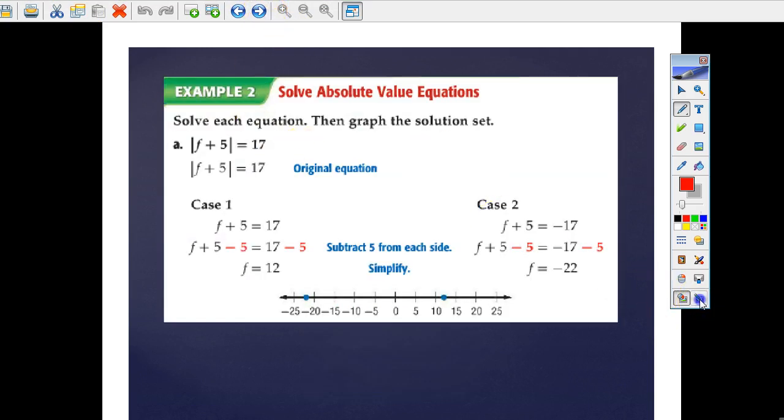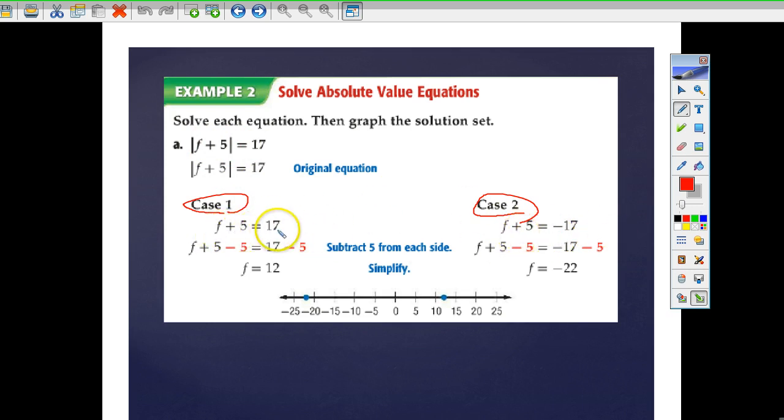Okay, so when you have the absolute value of the quantity f plus 5 equals 17, there are 2 scenarios, remember. Case 1, if this is positive. Case 2, if that equals negative. So we're saying f plus 5 equals 17, and f plus 5 equals negative 17. We're going to solve these equations for both scenarios.